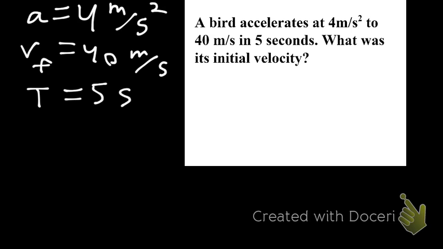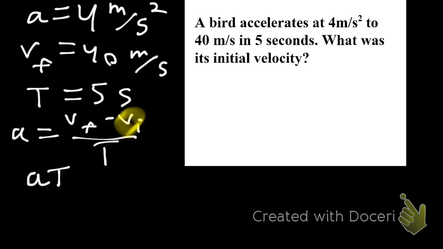So we're going to need to move this equation around a little bit because we have A equals VF minus VI over time, and we are looking for initial velocity right here. So first we're going to multiply both sides by time, so we will end up with AT equals VF minus VI.